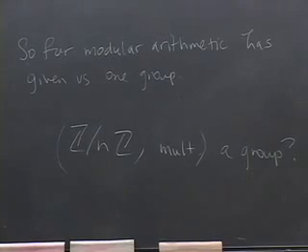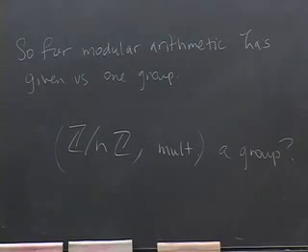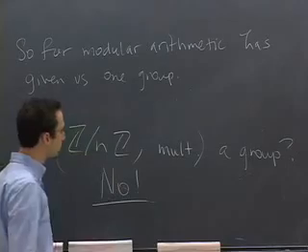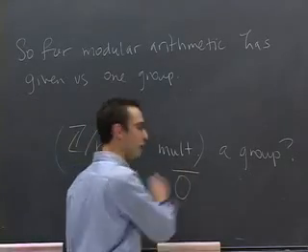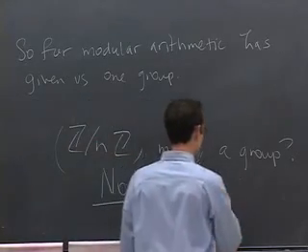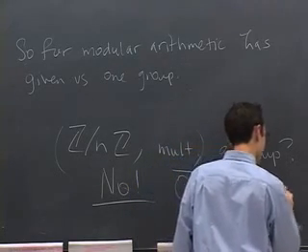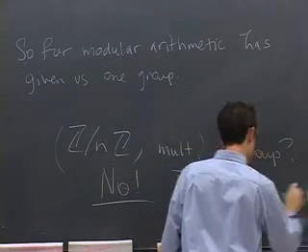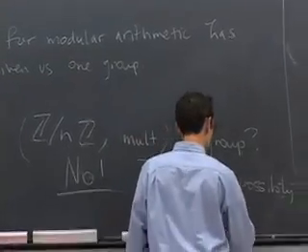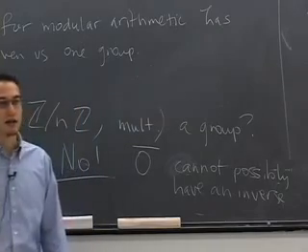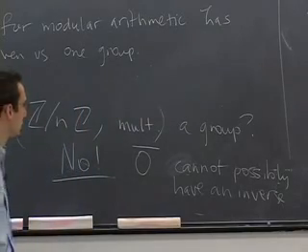Yeah, go ahead. Right, so this is definitely not a group. No, because, for instance, 0 bar cannot possibly have an inverse, because anything that you multiply it by gives you 0.